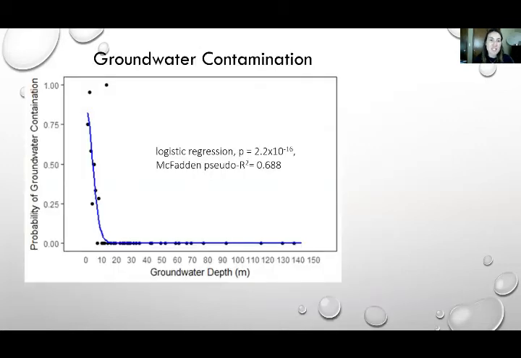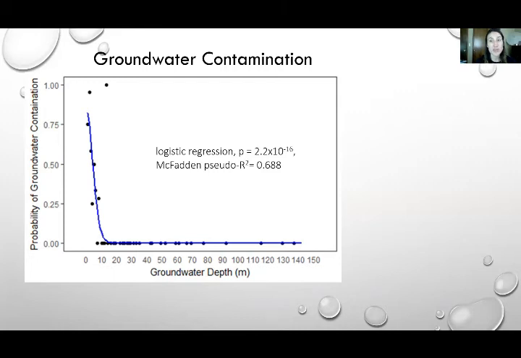And this is the trend line that you see here. So as before, we have depth to groundwater on the x-axis and probability for groundwater contamination on the y-axis. You can see all of our observed data and then our regression line.